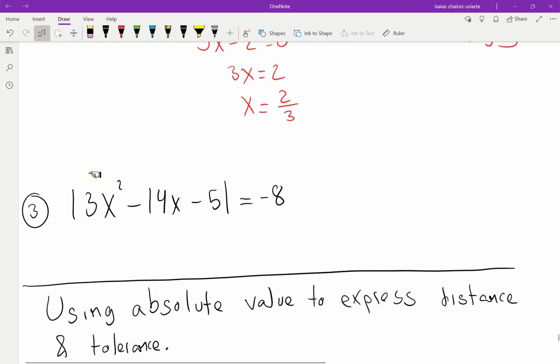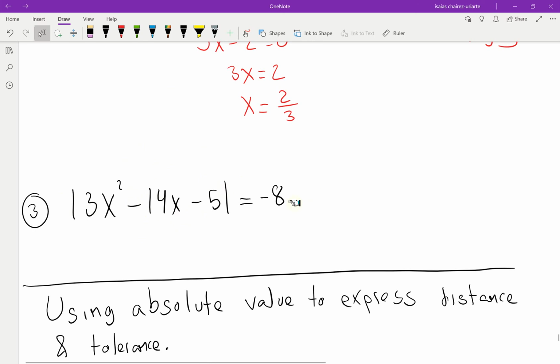So what I can say about this equation is that the left-hand side is always going to be something positive, because the absolute value always makes things positive. So can it ever be equal to -8?